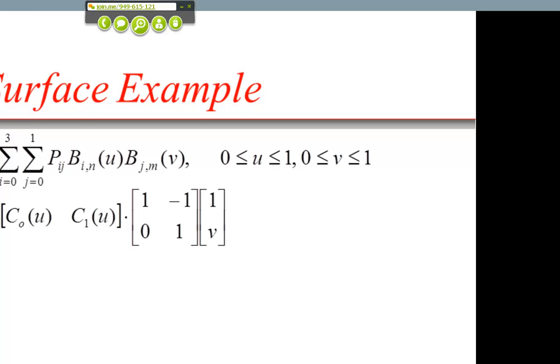And the easiest way to do that is first separate out the v's. This is where we're going to pick up on Thursday. Separate out the v's, and we just have curve 0 times all of it, and curve 1 times all of it. So we've got 2 equations times that blending function, and we will end there.